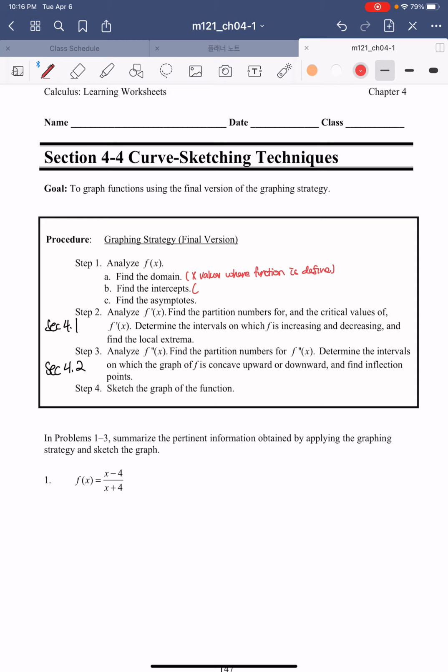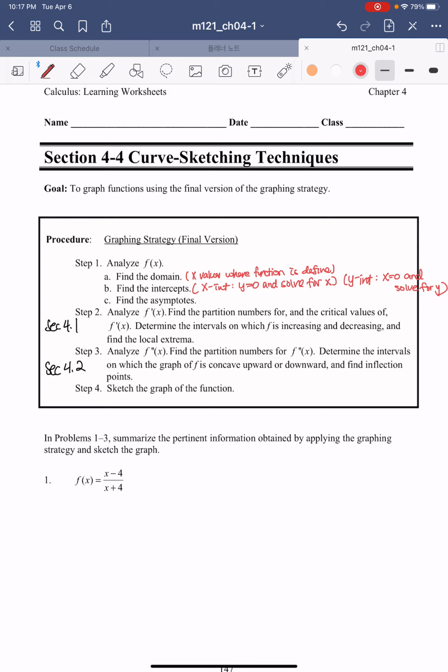To find the x-intercept in algebra, we set y equal to 0 and solve for x. To find the y-intercept, we do the opposite. We set x equals 0 and solve for y.